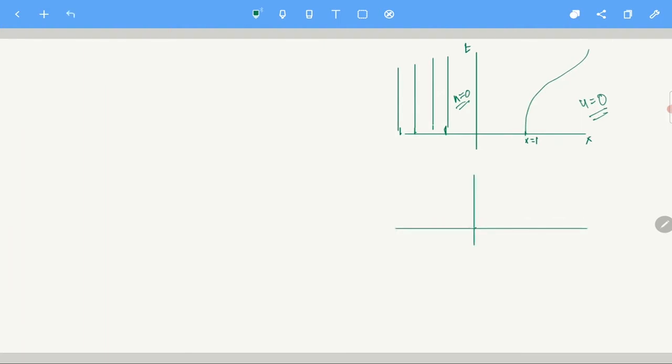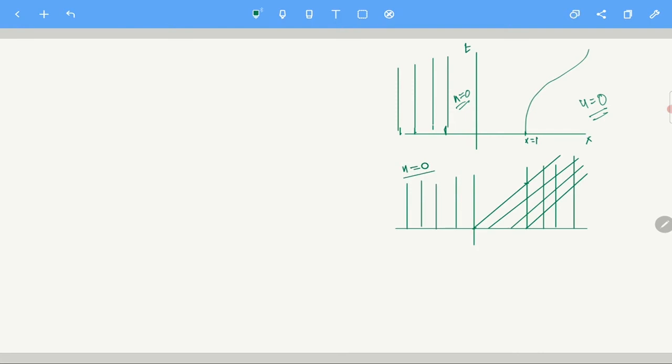There is x equals 1, and these curves x equals t plus r, they intersect here, and up till this part they also intersect, right? So these are the characteristics. That's the intersection. In this part, u is of course 0. Don't worry about it. In these parts also, u is 0.